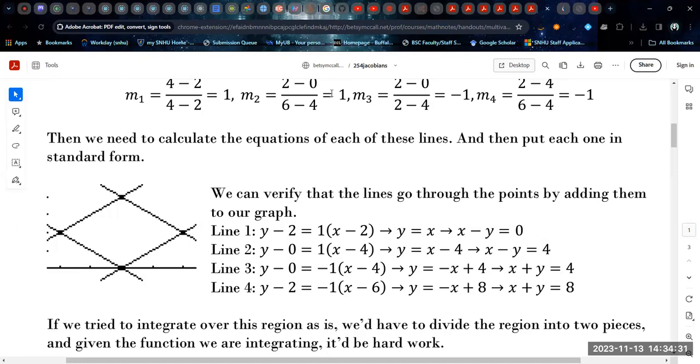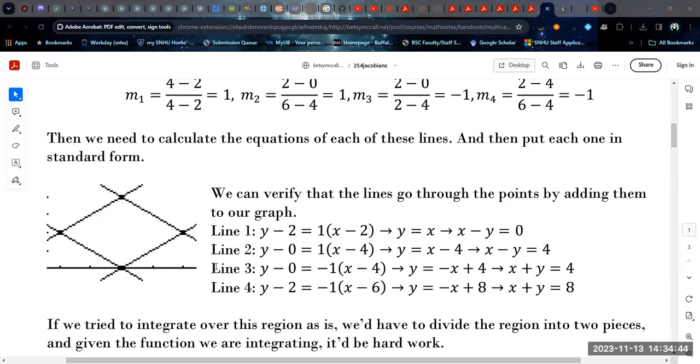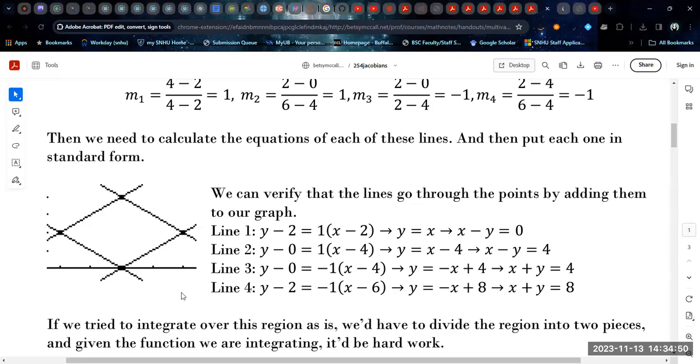If we do line 2 with our slope of 1 and the point 4, 0, we end up with x minus y equals 4. If we do the same calculation with line 3, with the point 4, 0, that's the -1 slope, we get x plus y equals 4. And the same thing for line 4, plugging in the point 6, 2, we end up with x plus y equals 8.